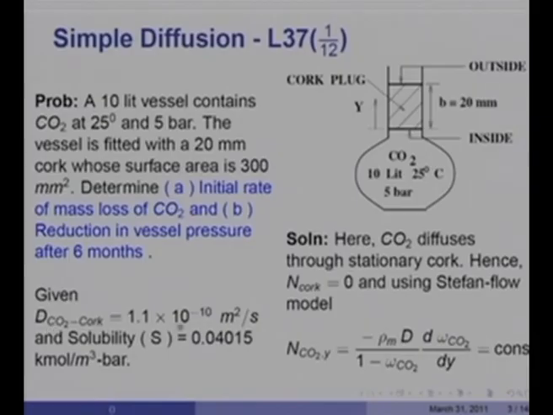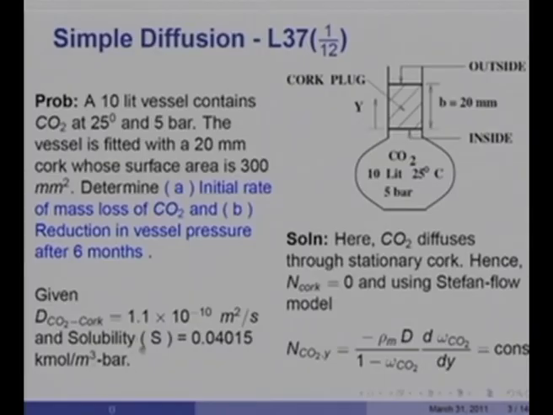You have been given property data that diffusivity of CO2 in cork is 1.1 into 10 raised to minus 10 meter square per second, a very, very small value. And there is another quantity called solubility. When CO2 is in contact with the cork surface, then the concentration of CO2 at the inner surface assumes a certain value, and that value is usually quoted in terms of solubility as 0.04015 kilomoles per meter cube bar.